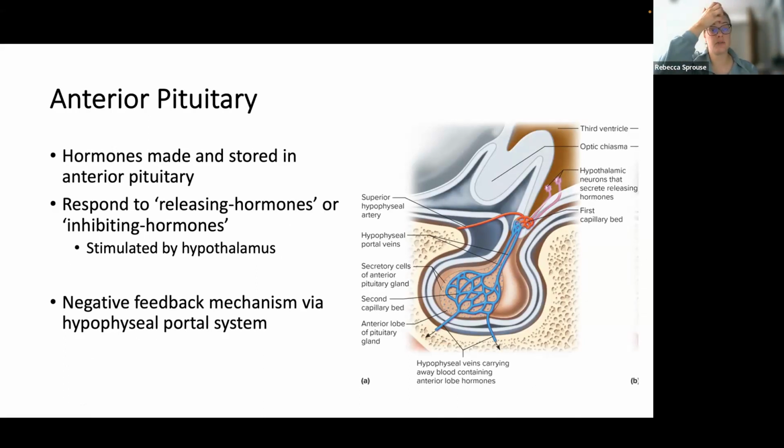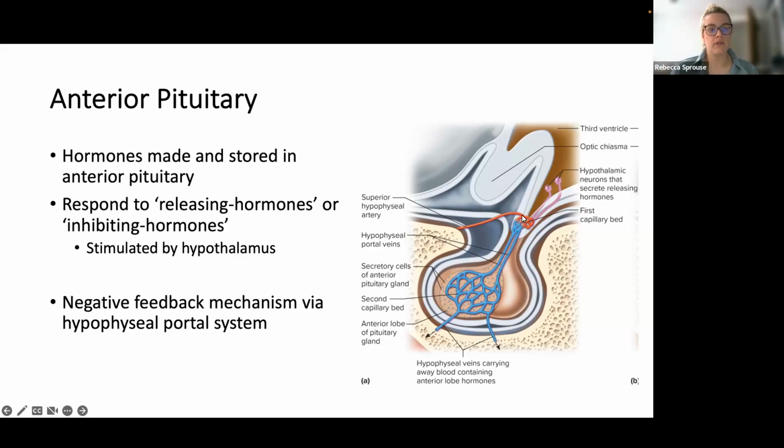And the anterior pituitary makes and stores its own hormones, but they respond to hormones from the hypothalamus. So the hypothalamus here will release a hormone into this bloodstream or this portal system, and that will travel down here and stimulate the anterior pituitary to release a hormone in response to this hormone up here.